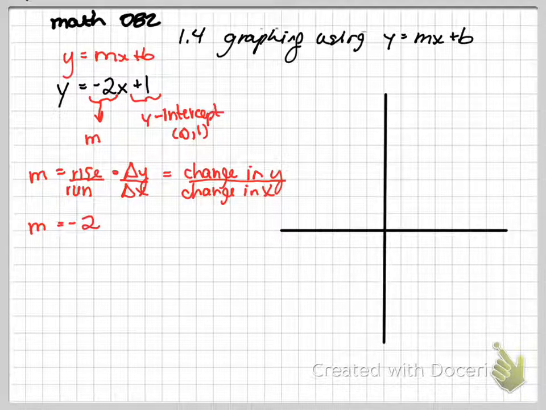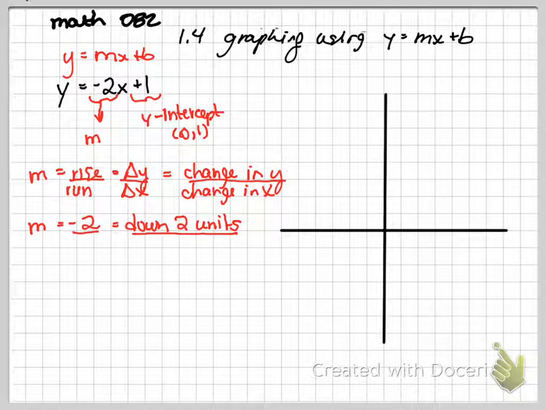So that would mean, based on our last video, that I would go down 2 units, right? But then, what goes down here? Right, because I can't just go down 2 units because then I'd have a vertical line, and we know that vertical lines have undefined slopes.